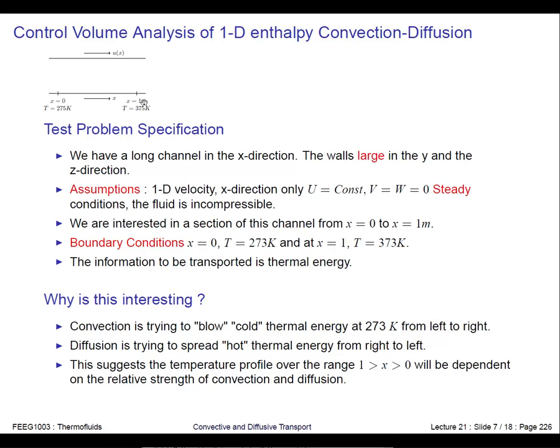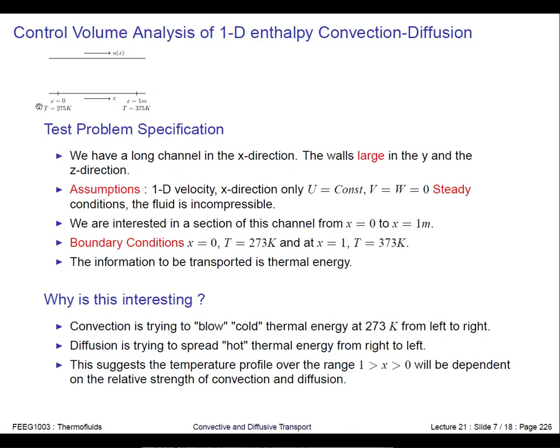And on the other side, we've got hot fluid here and it's cold fluid over there. So diffusion is going to be trying to push hot fluid into the domain that we're interested in, and the convection and the diffusion directions are opposed.